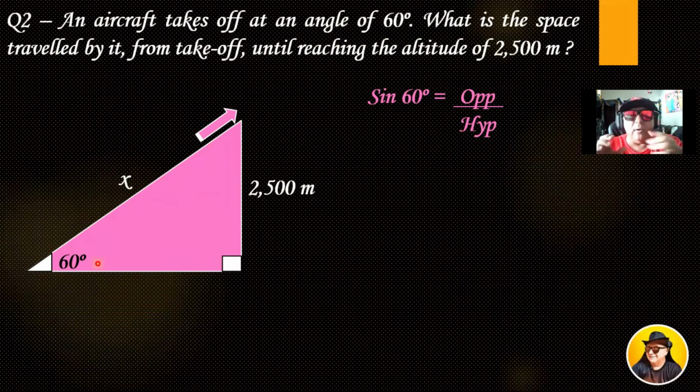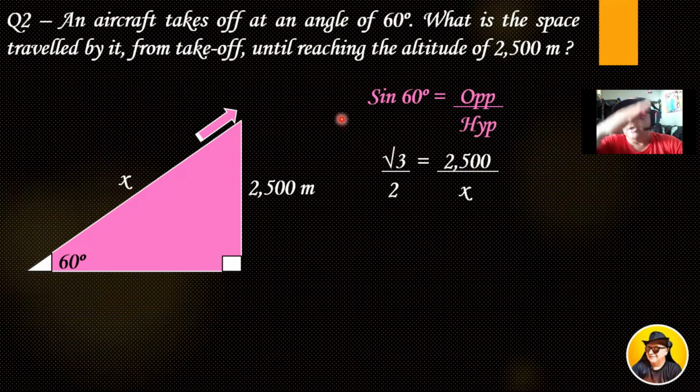As I told you to memorize, what's the sine of 60 degrees? Yes, it is the square root of 3 over 2. I replaced it already. The opposite side is 2,500 and the hypotenuse is x.